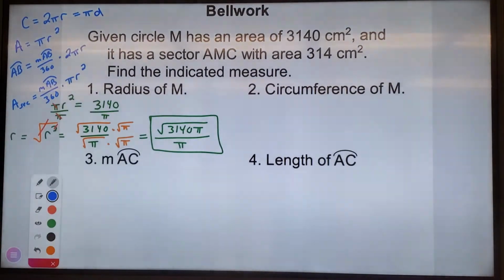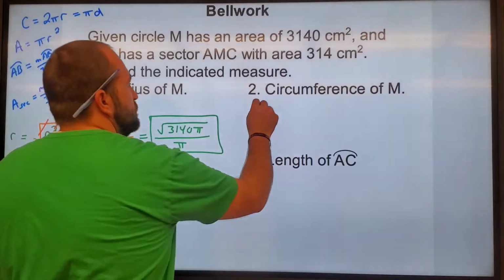Okay, number two, find the circumference of M. So here I'm asking specifically for the circumference. If I'm looking for the circumference, I know the circumference equations are 2 times pi times the radius, or pi times the diameter. Well, number one just had me find the radius. So now I know the radius, so I can plug into that equation.